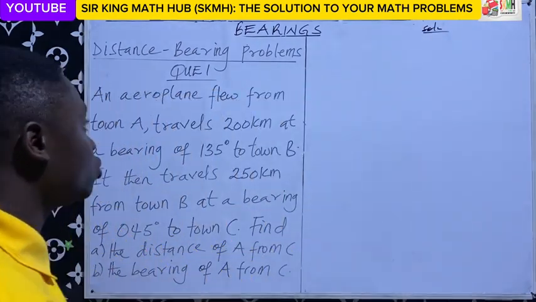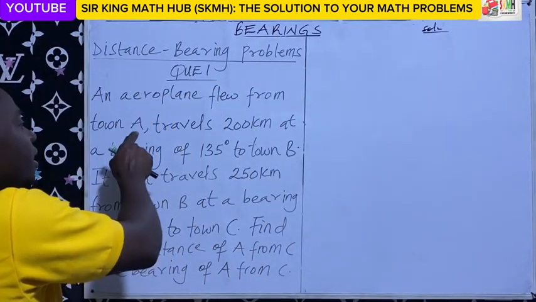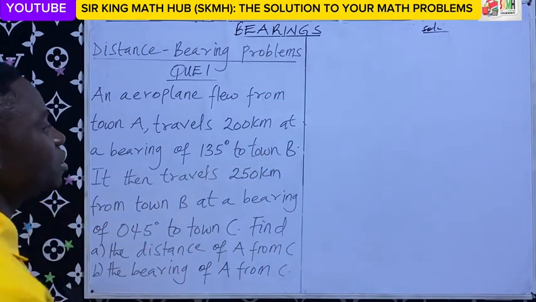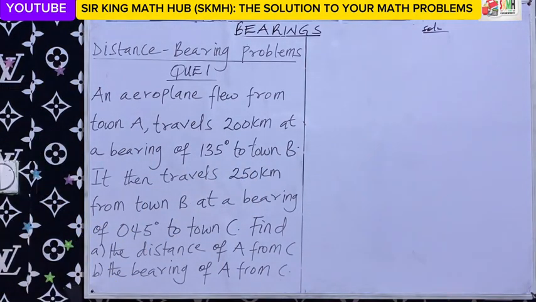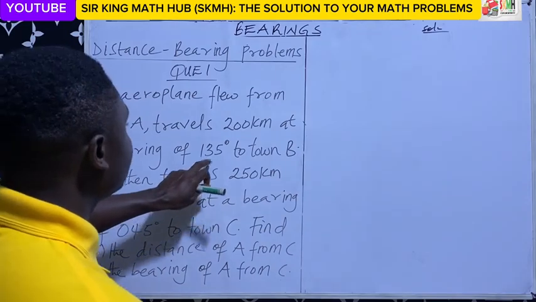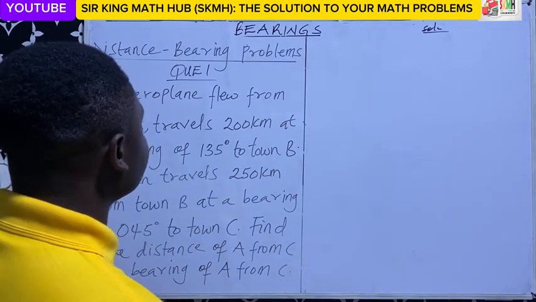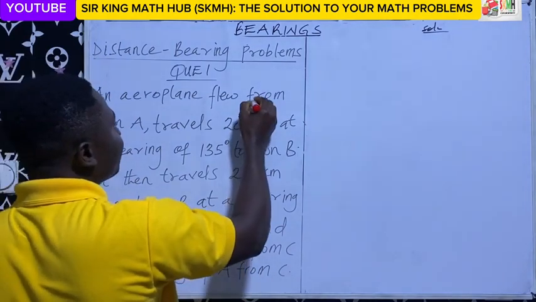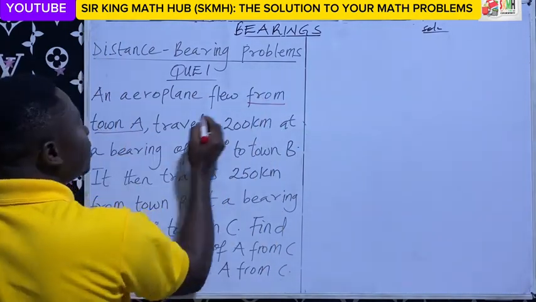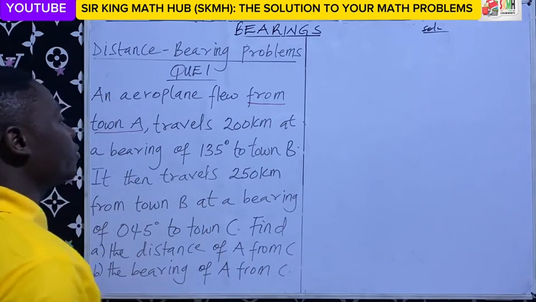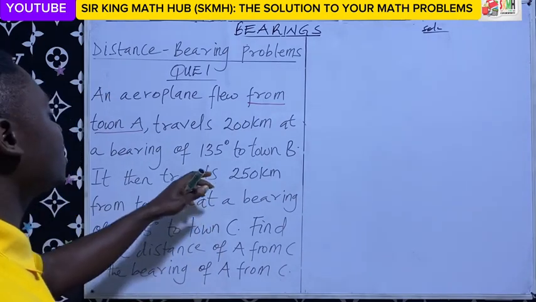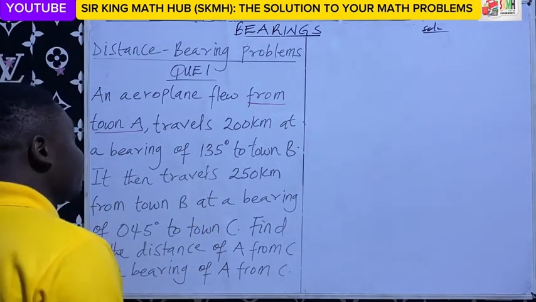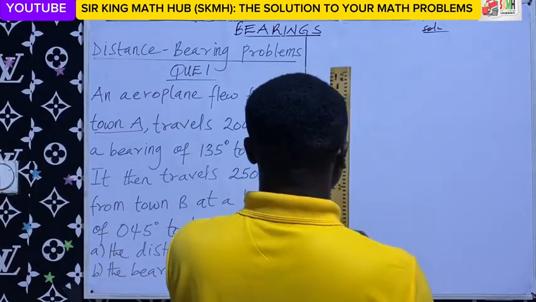We've been given 2 towns here, town A and town B. Between town A and town B, where are we supposed to measure the bearing of 135 degrees? In bearings, the key word is from: from town A. So from town A, we should measure a bearing of 135 degrees. So let's do that.